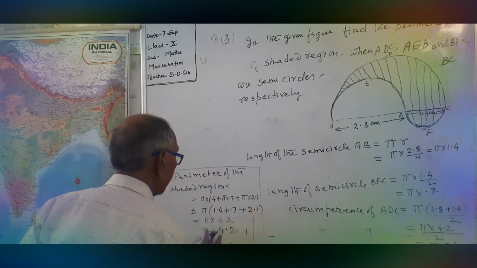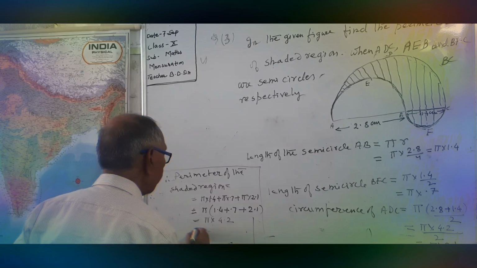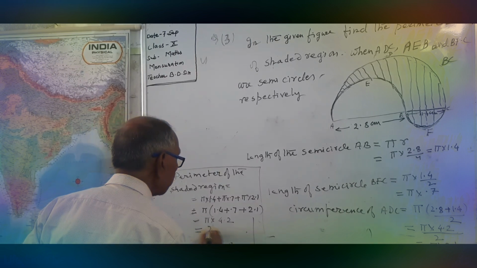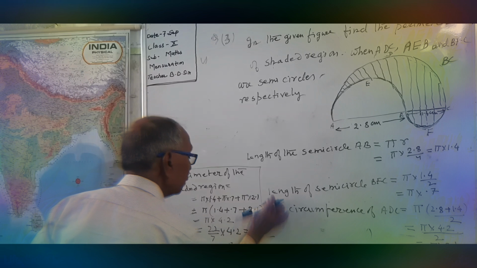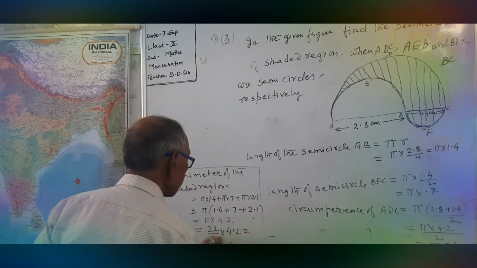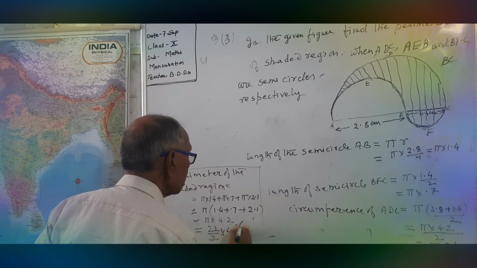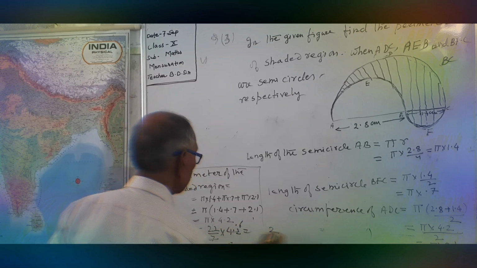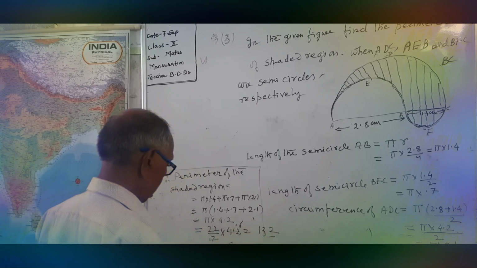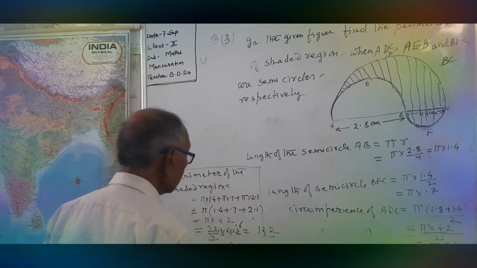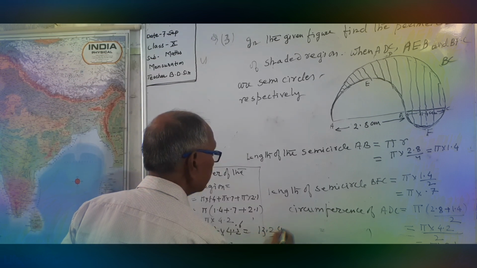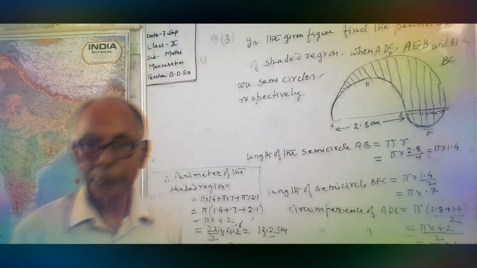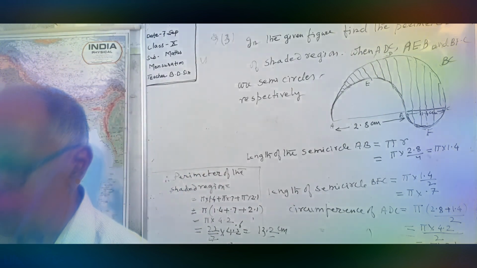Now I am giving the value of pi. You know that value of pi is equal to 22 by 7. So 22 by 7 into 4.2 is 13.2 centimeter. If the calculation is right, then this will be the answer, or if there is a mistake in the calculation, then you may easily correct it.